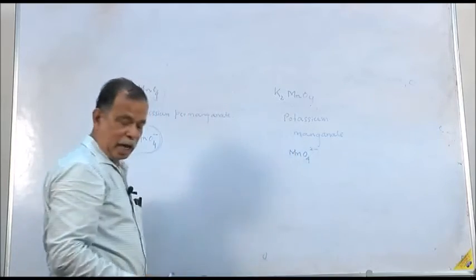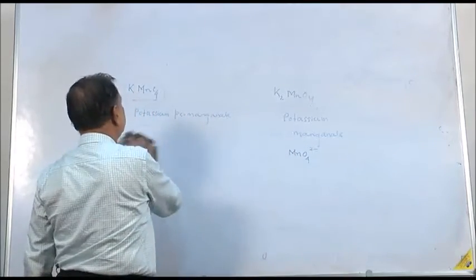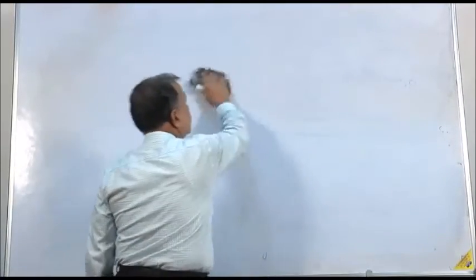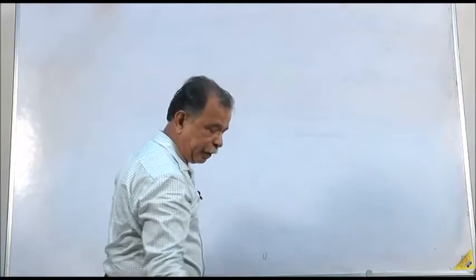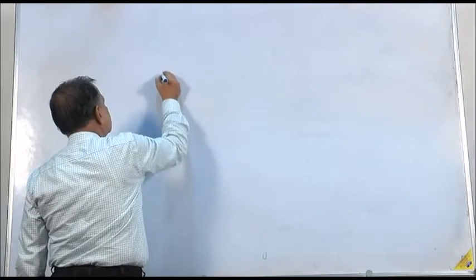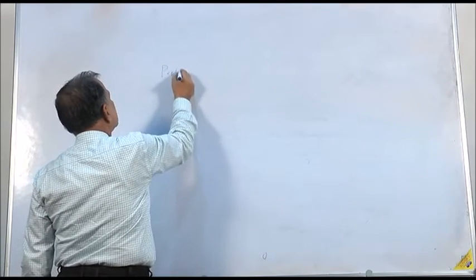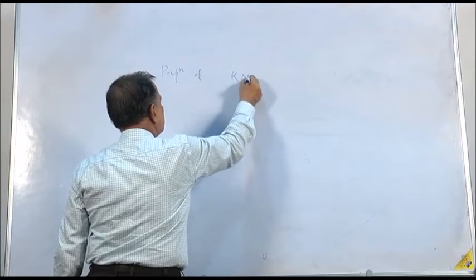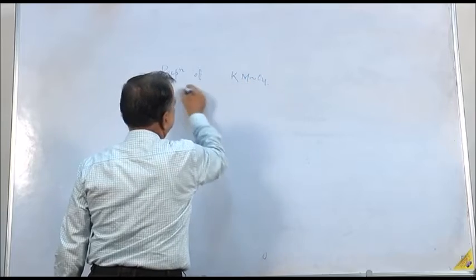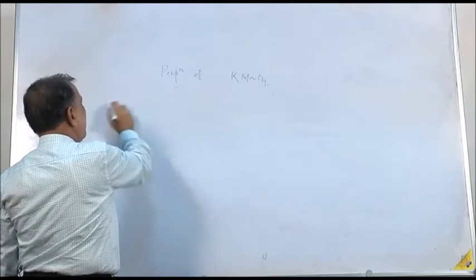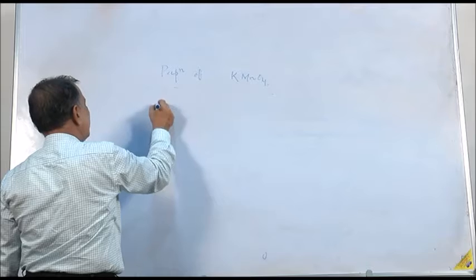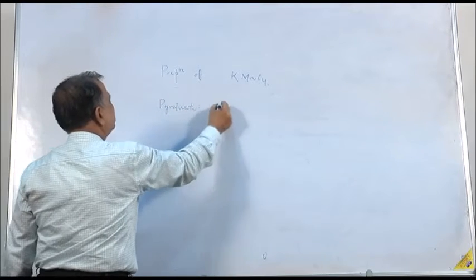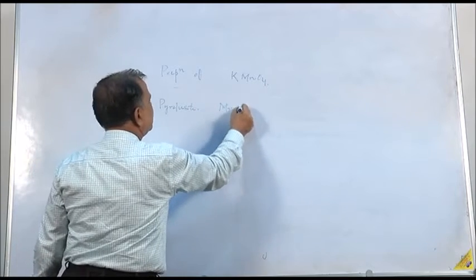Now how can we prepare potassium permanganate KMnO4? It can be prepared from pyrolusite, that is manganese dioxide.